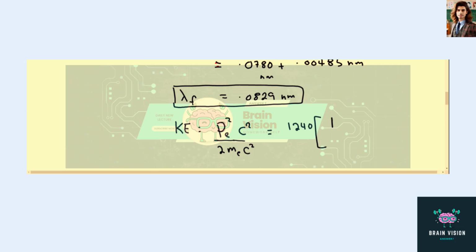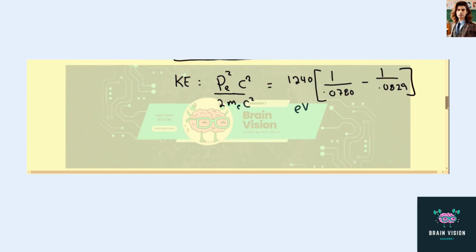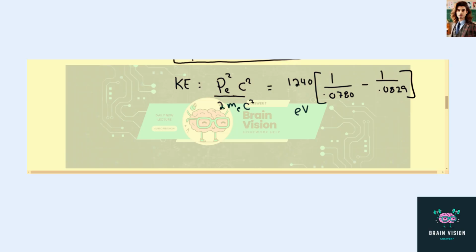Now we'll take the difference between the two wavelengths at their inverses, and that will come out in units of electron volts, about 940 electron volts.